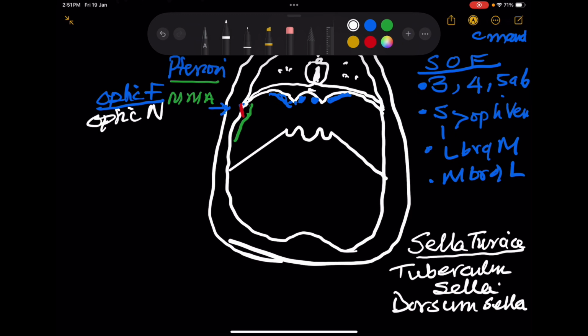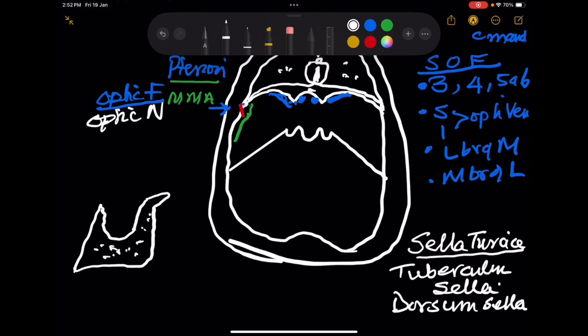If we want to draw it, it is something like this. Tuberculum sellae, jugum sphenoidale, tuberculum sellae, sella turcica and dorsum sellae. And this is the sphenoidal sinus, and all this is lying in the base of the brain. So this is the sphenoidal air sinus.